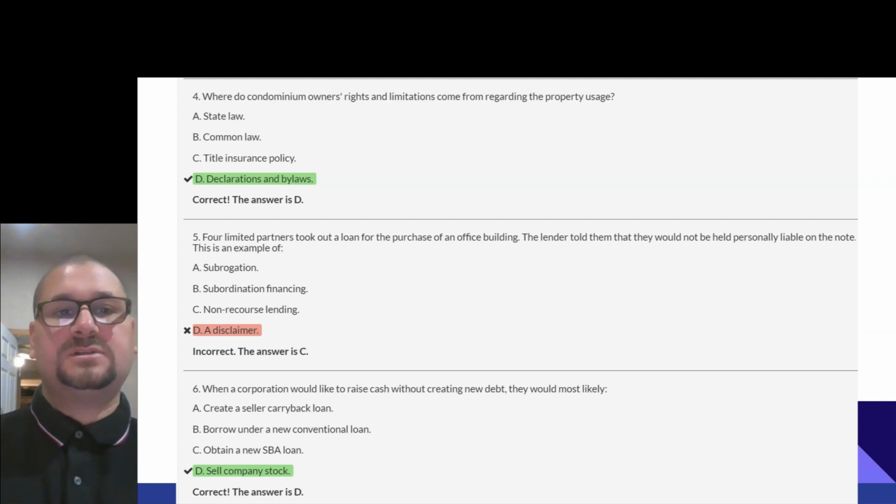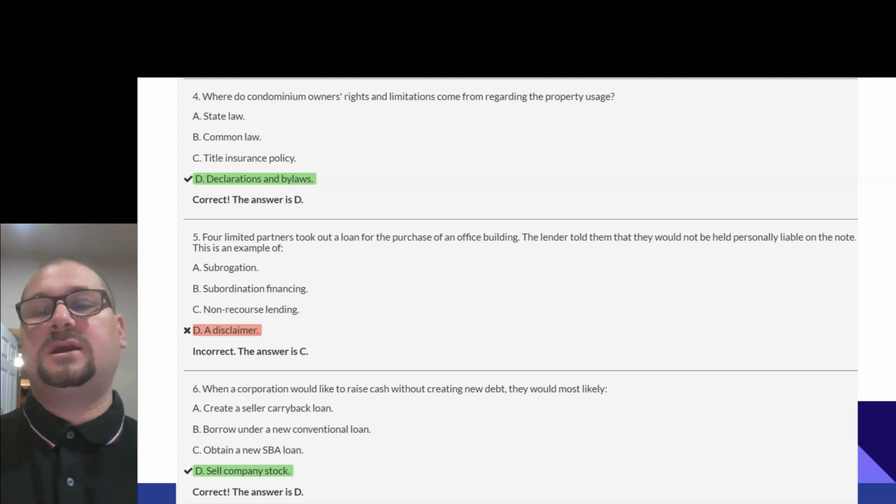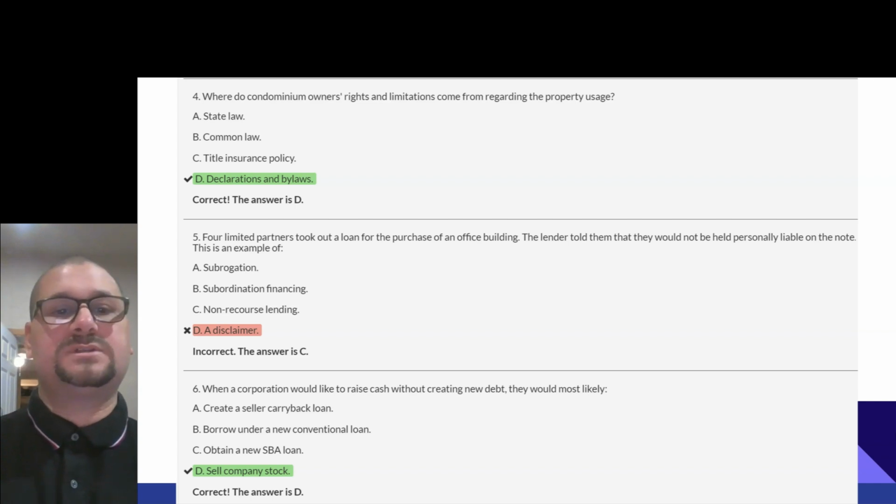Four limited partners took out a loan for the purchase of an office building. The lender told them they would not be held personally liable on the note. This is an example of non-recourse lending.